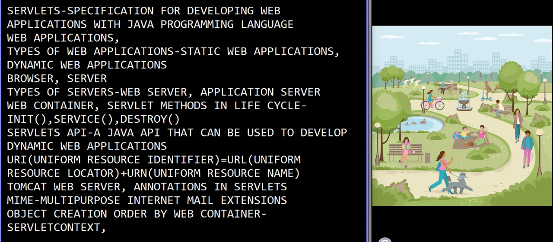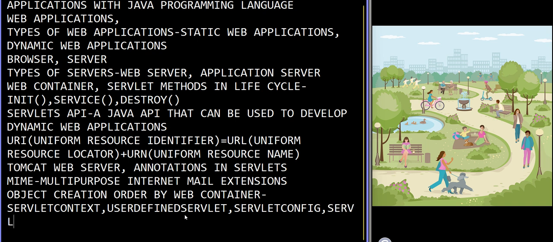Then it will create the user-defined servlet. Then the servlet config. Then the servlet request and servlet response. This is the object creation order by the web container.